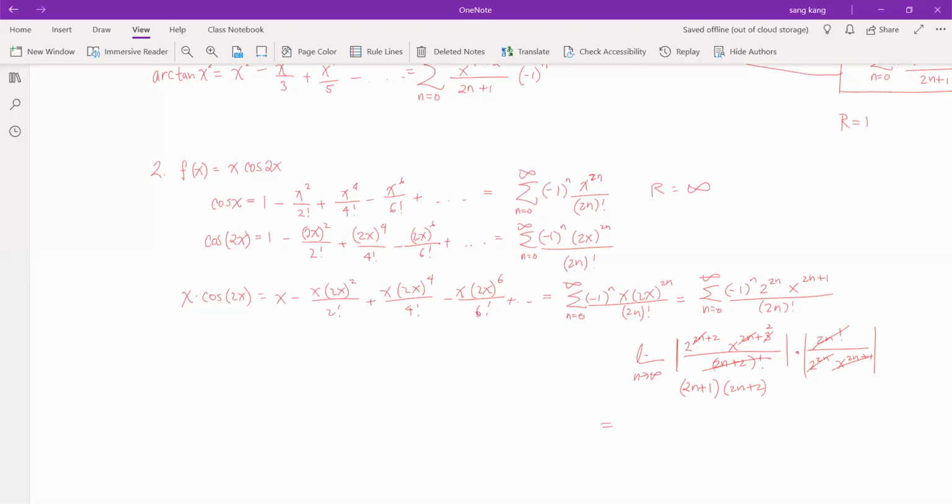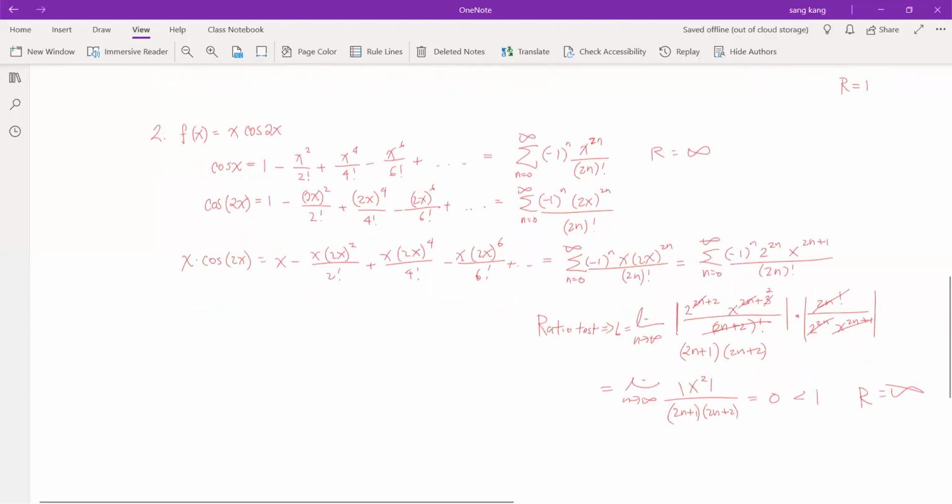So this is the ratio test we're doing. This is L, which is equal to that. So now we're left with the limit of x squared over 2n plus 1 times 2n plus 2. This is 0, which is always less than 1. The radius is still infinity.